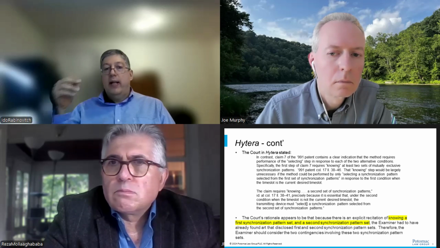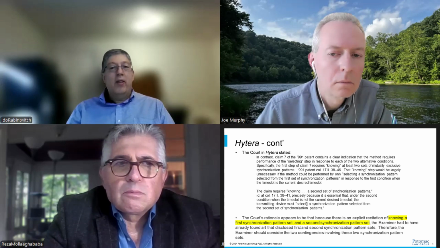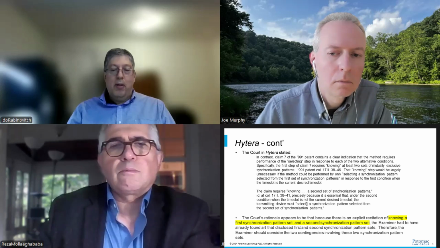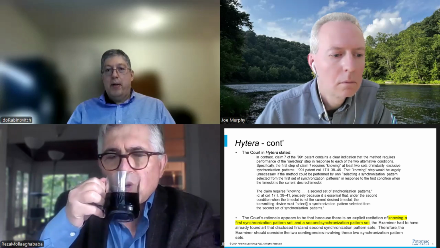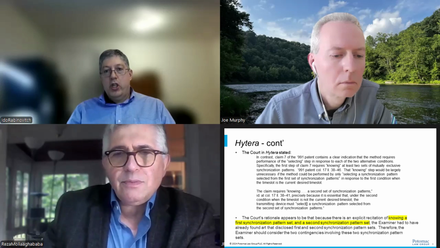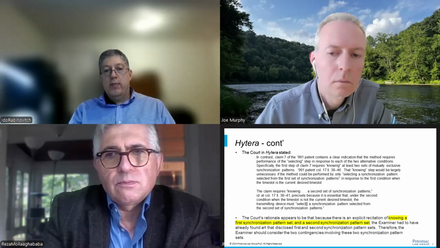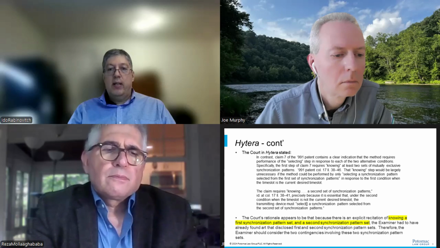I think the way to think about it, what they were trying to say, is that if the examiner already went through the trouble of finding art that had those two separate, different synchronization patterns, why wouldn't you then go on and consider both if limitations? You did find, presumably you had to have found, a first synchronization set and a second synchronization set.